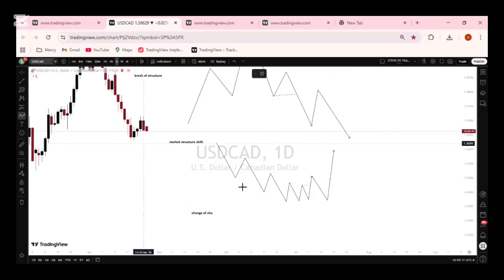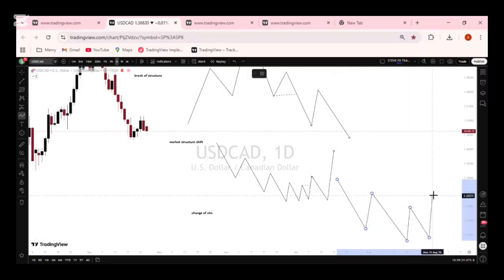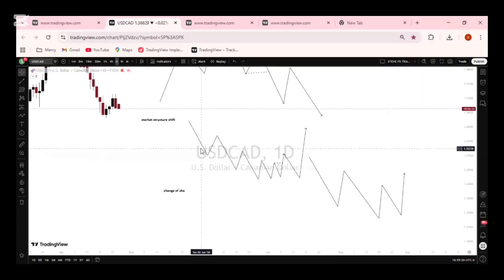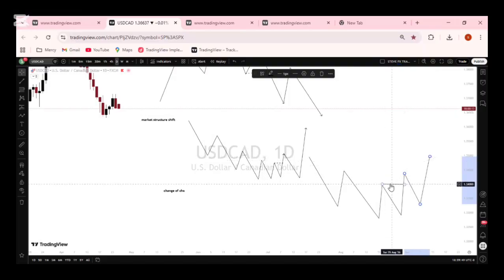So let's say we have a bearish market again like this, then we see the market break a major high. Within a change of character, when the market breaks a major high like this, that means the market is changing its direction from a bearish market to a bullish market.